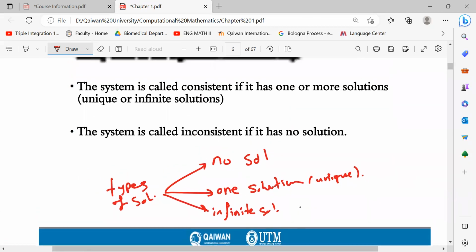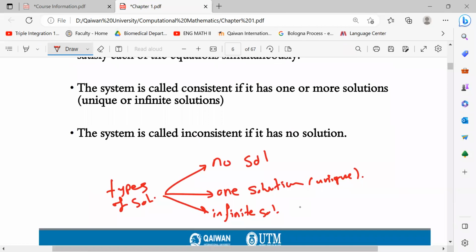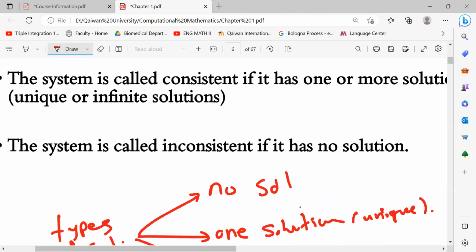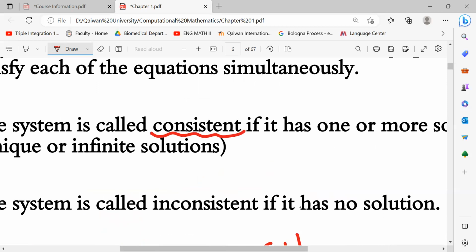We say if it has at least one solution, that means if it has either one solution or infinite solution, we say that system is called consistent. The system is called consistent if it has one solution or infinite solution.